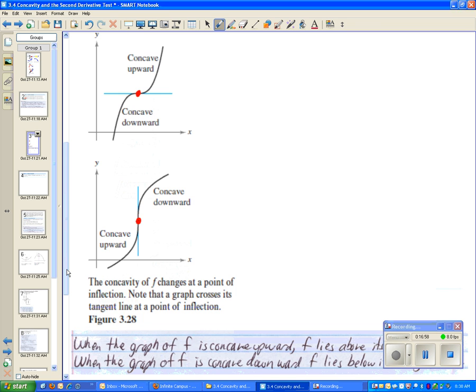It says notice that the graph crosses its tangent line at a point of inflection. Okay? So that's another clue to where they are visually. Because remember what we said? That if the graph is concave upward, f lies above its tangent line, and if downward, it lies below. So where the concavity changes, the tangent line is not above or below. Make sense?